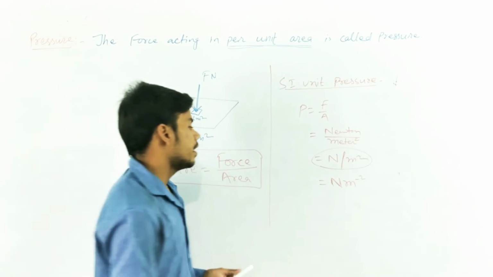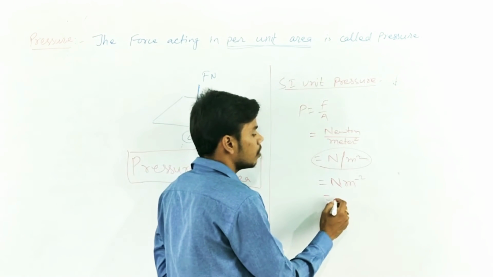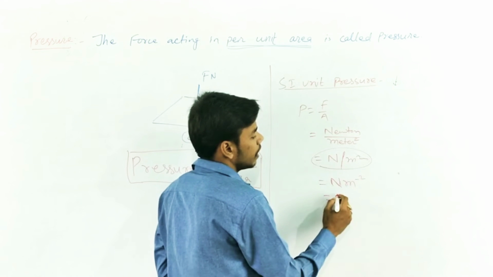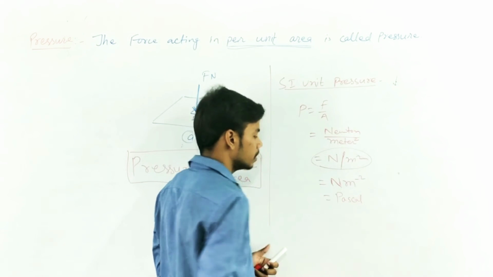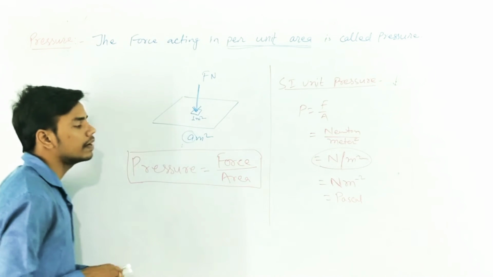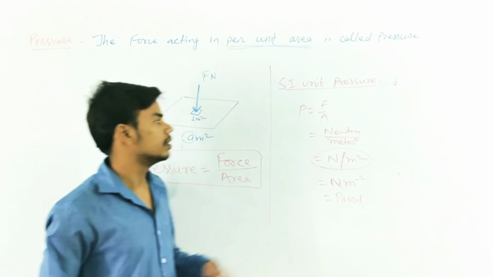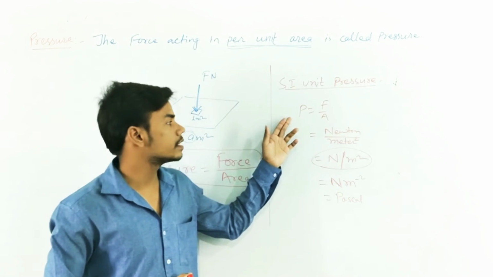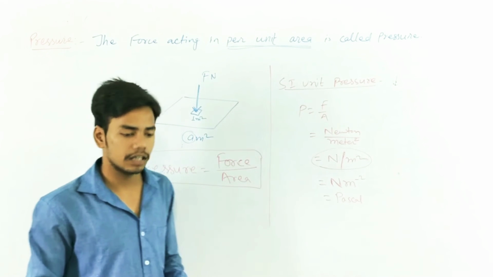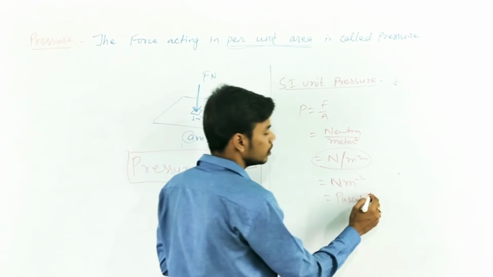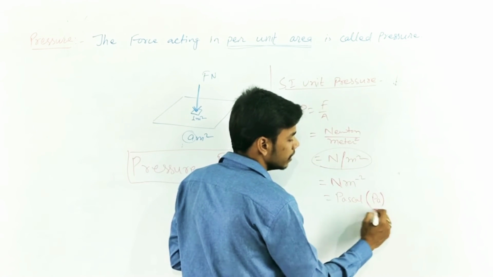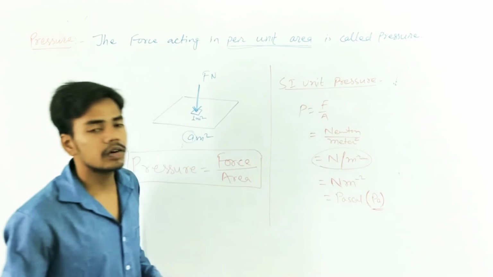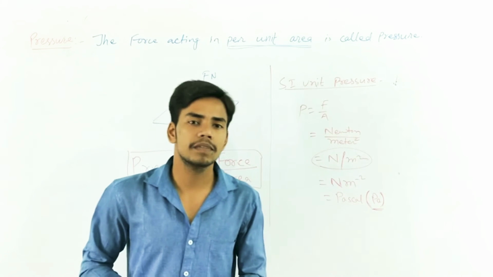Okay, and it can also be represented by the term Pascal, because it is named after the scientist Pascal. So you can also say the SI unit of pressure is Pascal, denoted by the symbol Pa.